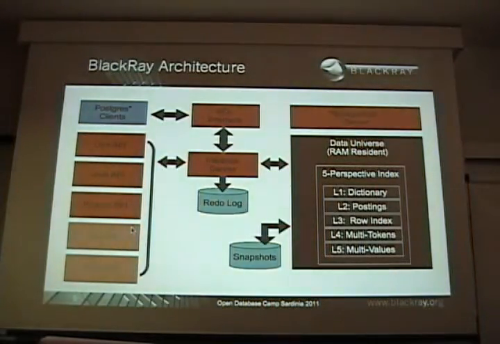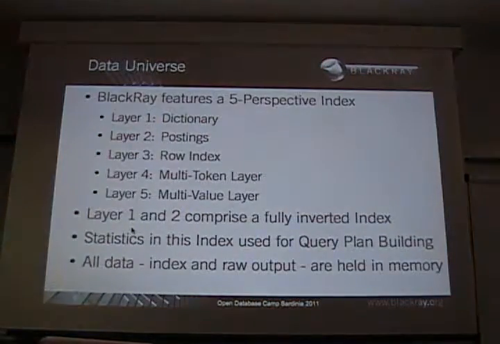Inside the data universe we have 5 perspectives on the data. We have a dictionary index and a posting index, which is traditionally called an inverted index. The third layer is a row index, where we actually associate the row ID with all the columns that belong to one row.